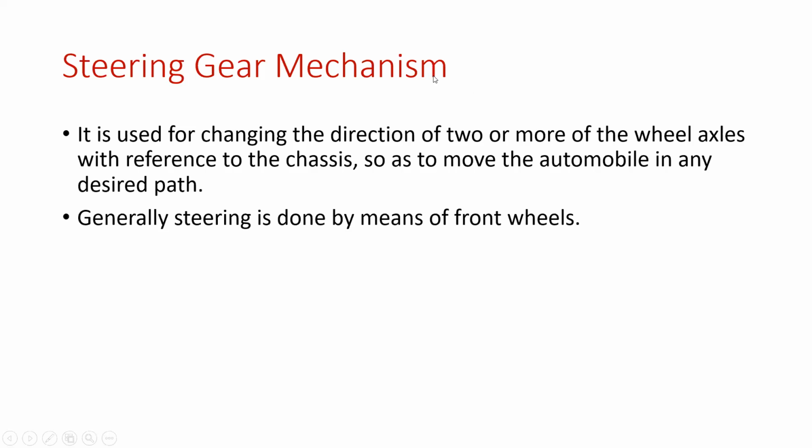In order to make that happen, you know that in your hand you have the handle or steering wheel. But below that there is some mechanism with the help of which you turn the front wheels.